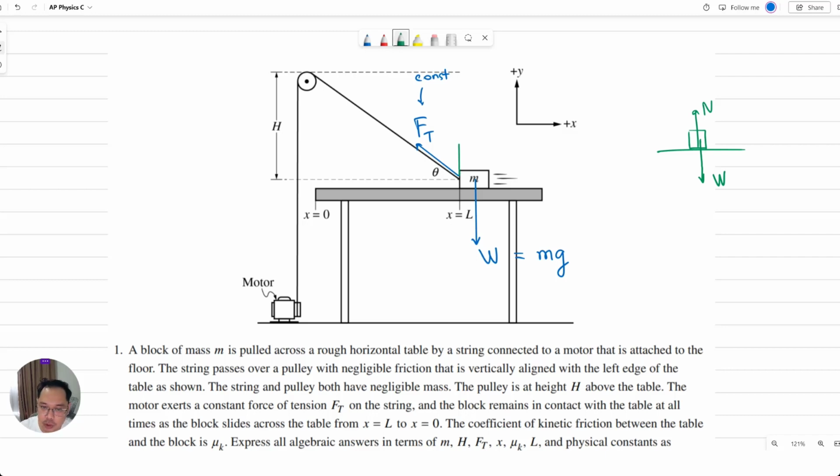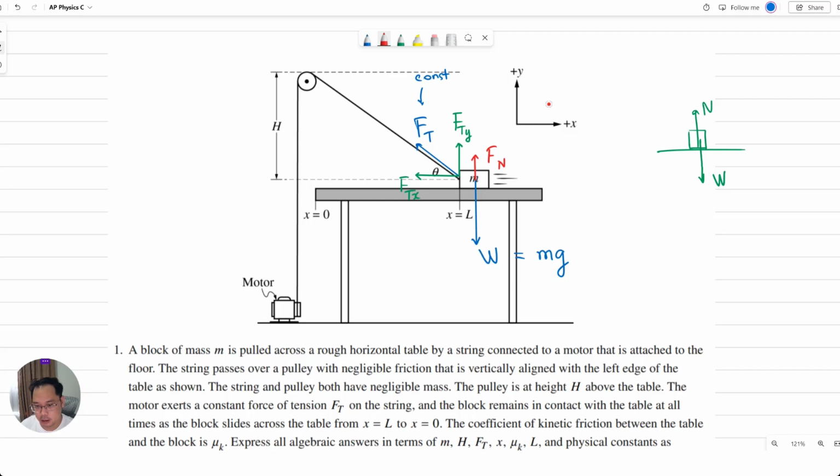We can resolve the tension force into 2 components, Fty, the vertical component, and Ftx, the horizontal component.